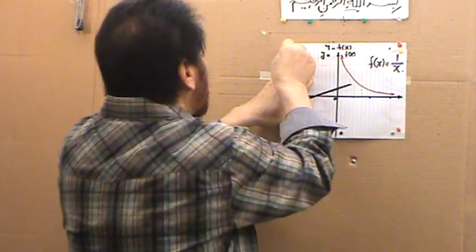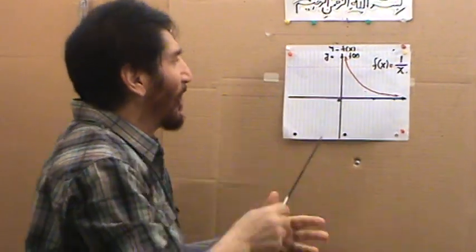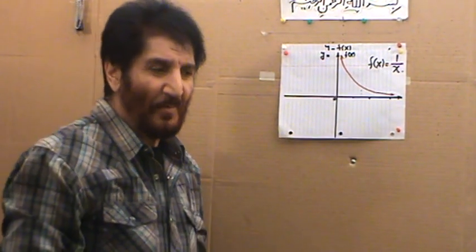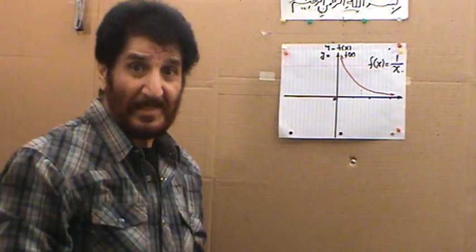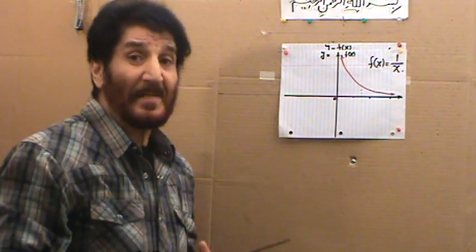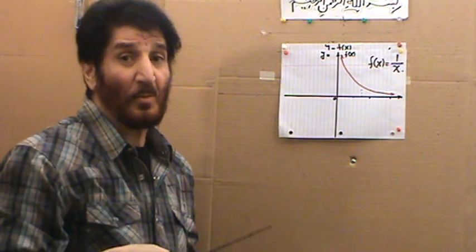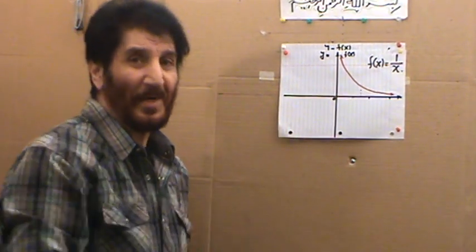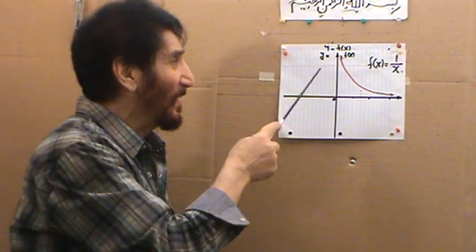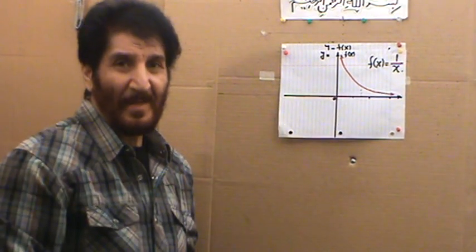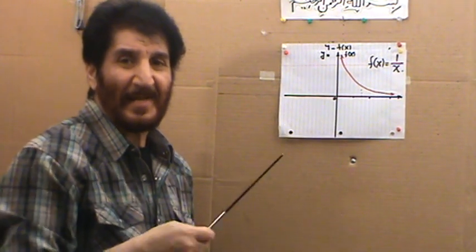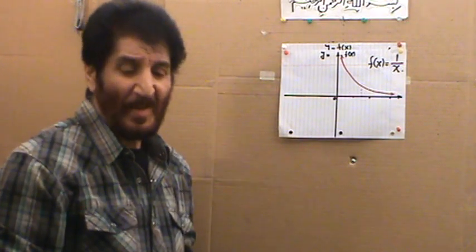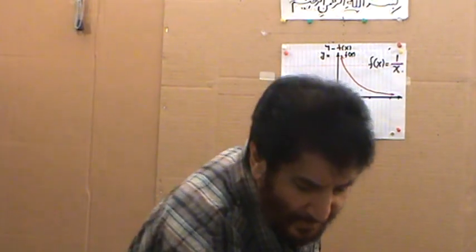That will be the complete graph in the first quadrant, because the numbers I select for x are positive and the y values are also positive, so the graph will land in the first quadrant. So that will be the graph of 1 over x, where x is greater than 0.